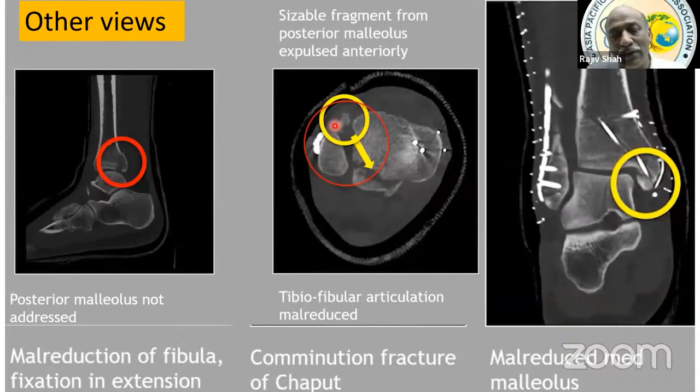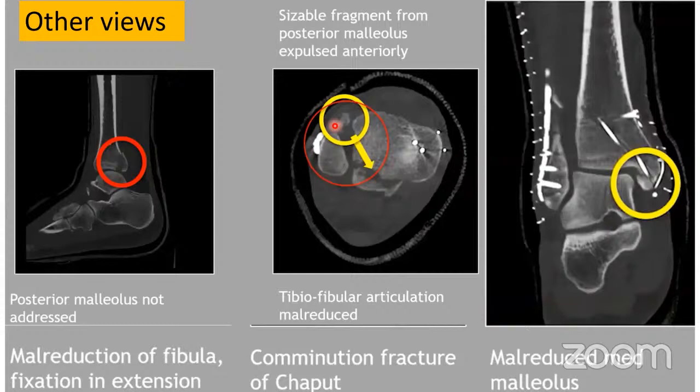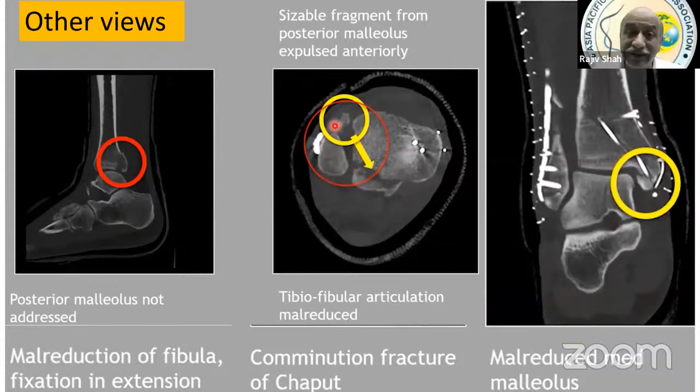And when you are dealing with a malunited fibular fracture or malunited ankle fracture, what is the investigation? Anybody? If you are asked to get only one investigation to treat a malunited ankle fracture, which investigation would you get? CT scan. It's a bilateral axial comparative CT scan.